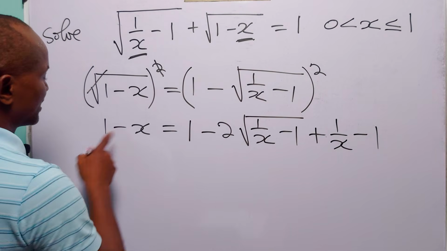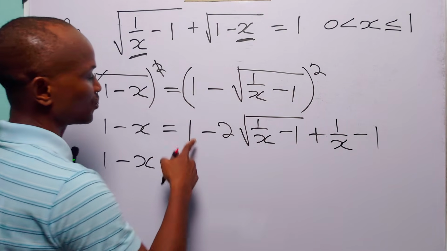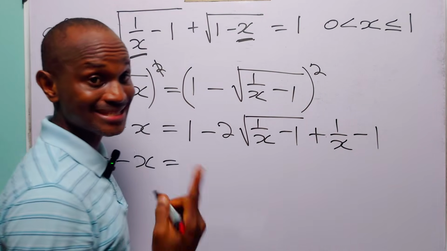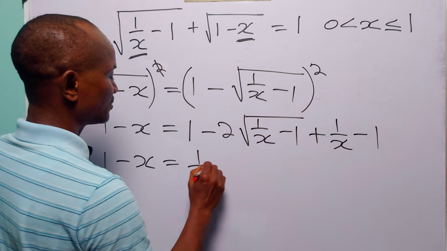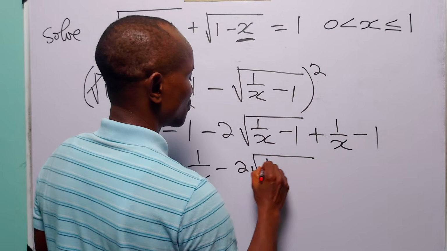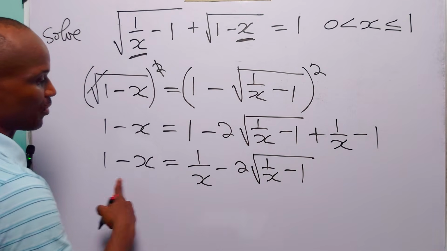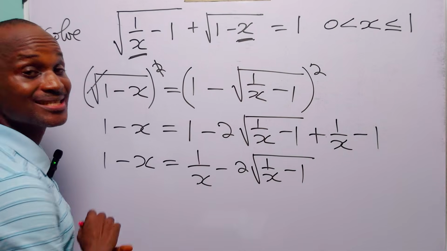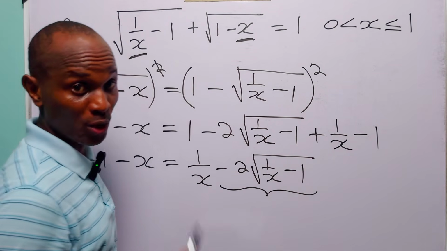Now, from here, we have that 1 minus x is equal to 1 minus 1 is equal to 0. So on the right hand side, we have 1 over x minus 2 times root 1 over x minus 1. Now, once more, let us rearrange this equation and isolate this radical on one side.